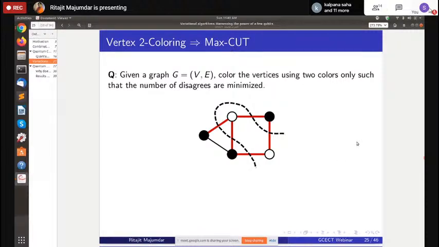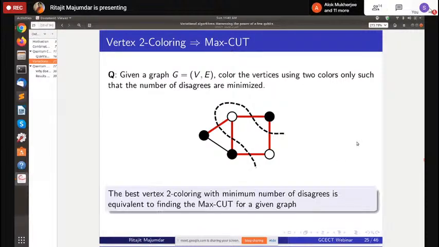So if you can find the best vertex 2 coloring for a graph, then the number of disagrees, this is called a disagree. Here I should have one white and one black, but unfortunately I was forced to give both of them black. So this is a disagree.